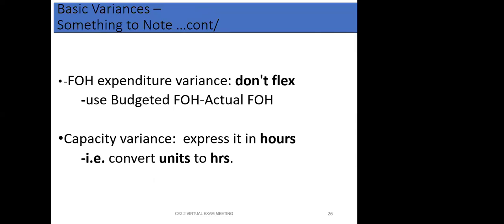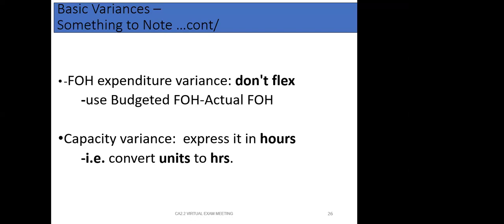Next, something to note on fixed overhead expenditure variances, don't flex the fixed overhead expenditure variance. In other words, use the budgeted fixed overhead and subtract the actual overhead to calculate the fixed overhead expenditure variance.